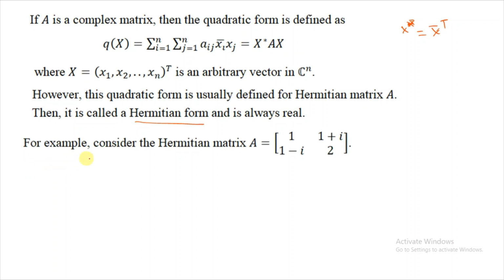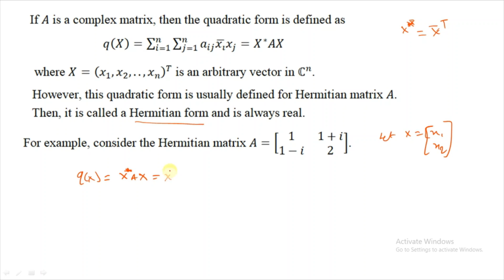Now see an example. This is a quadratic form with conjugate vector, x star A x, where x star means x conjugate transpose. This is sometimes called a Hermitian form, and the form is always real. Suppose Q of x equals x star A x. Let x equal (x1, x2).